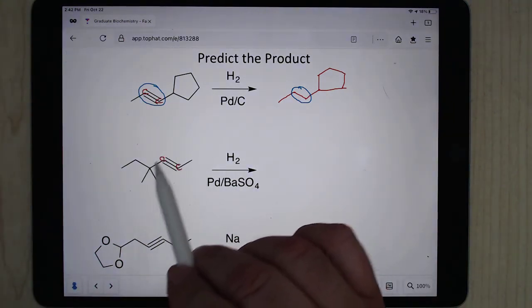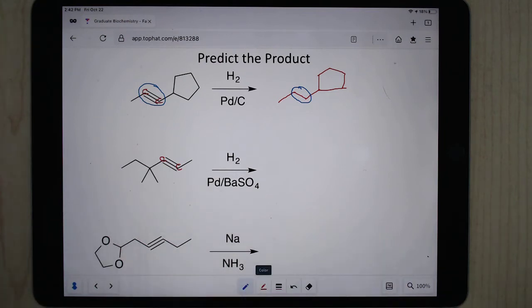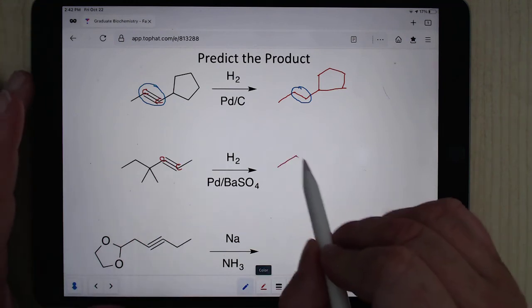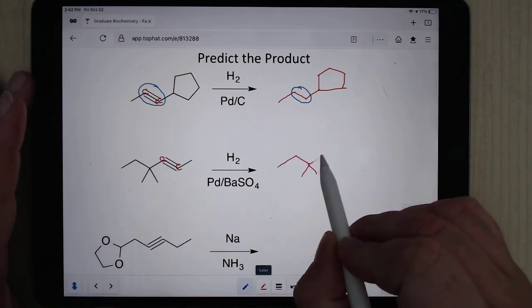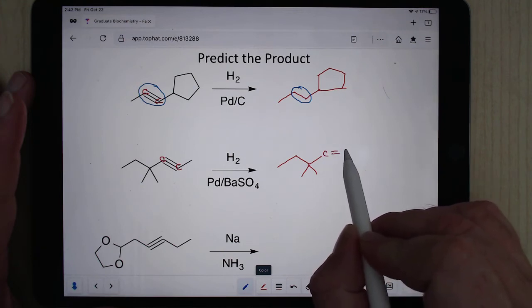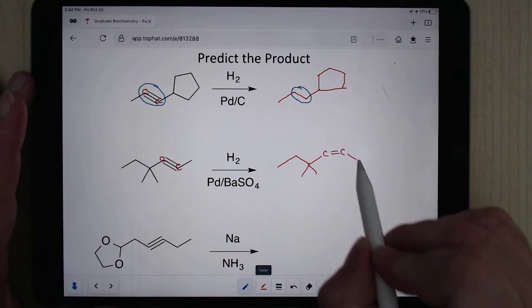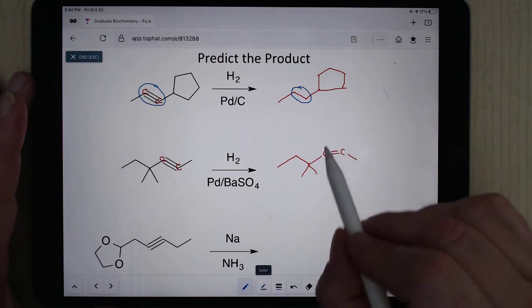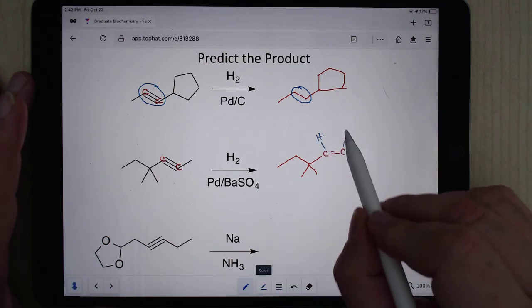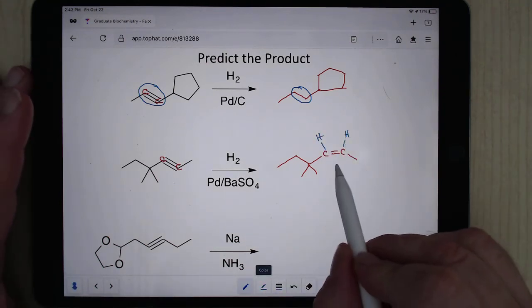Now remember, even though I'm showing this as a sawtooth, it's actually straight. It's actually a linear bond. I just usually do it sawtooth because it's easier to see. And so what we're going to end up getting is this, with the hydrogens coming onto the same side. So you end up with the cis double bond.